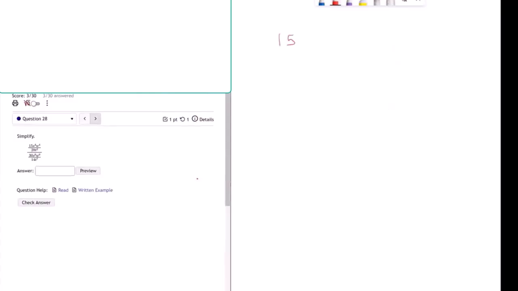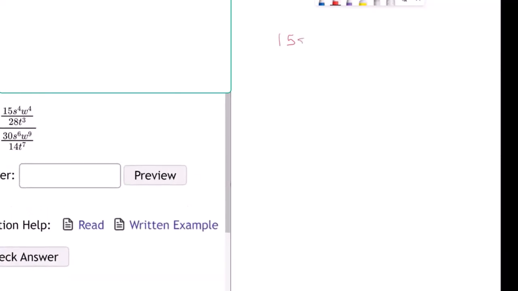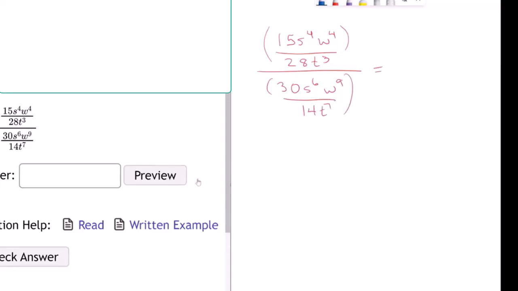We have 15 s to the 4th w to the 4th divided by 28 t cubed over 30 s to the 6th w to the 9th divided by 14 t to the 7th. This becomes, I keep the numerator.